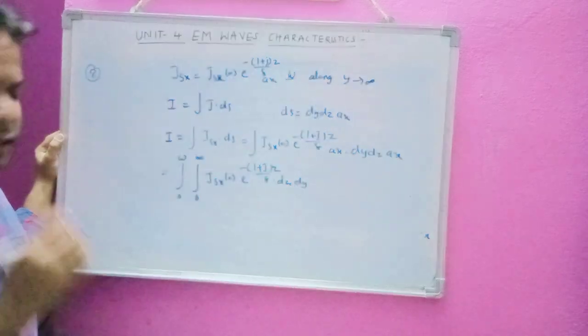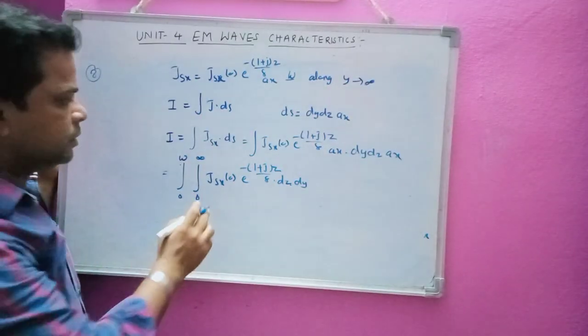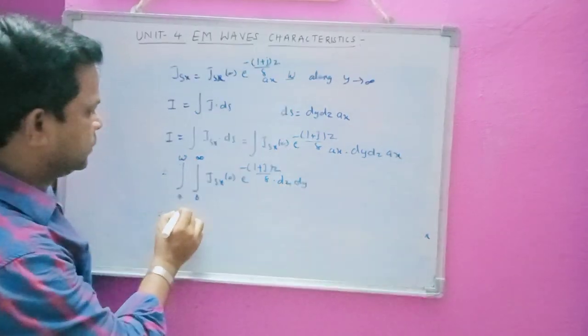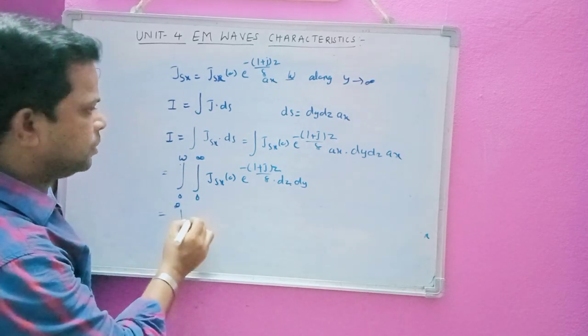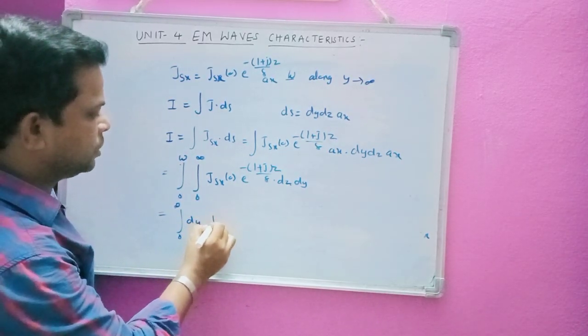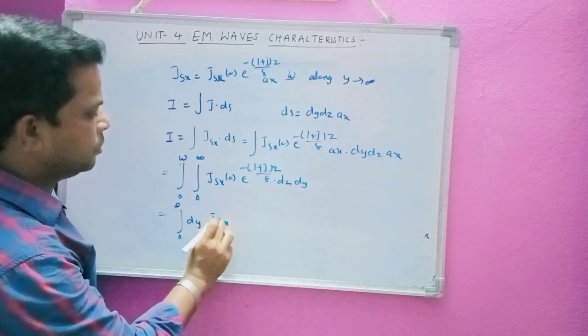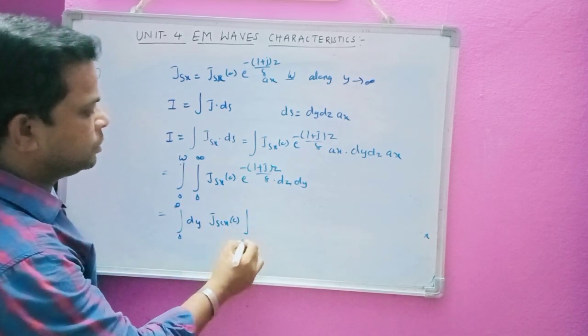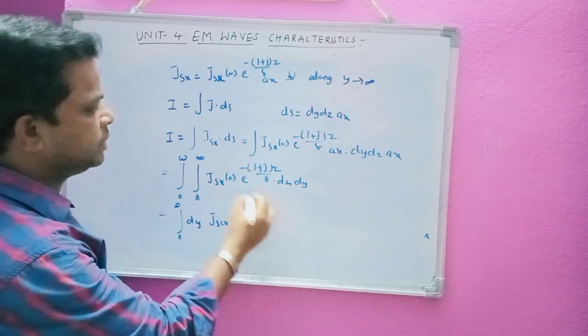So y is varying with the integral from 0 to w of dy. J_sx of 0 is constant here, and the integral from 0 to infinity of e^(-(1+j)z/δ) dz, where z is varying up to infinity.